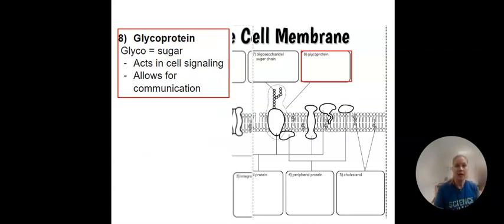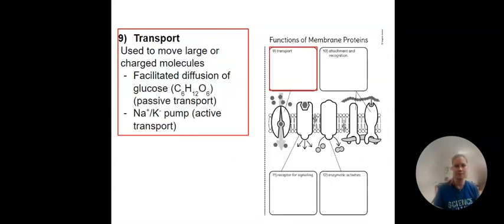And then again, other glycoproteins also allow for cell communication. And again, glyco, right, sugar. So these are just all sugars that are found along the cell membrane that are helping the cell to communicate with other cells around it, again, to maintain homeostasis. That is the ultimate goal.